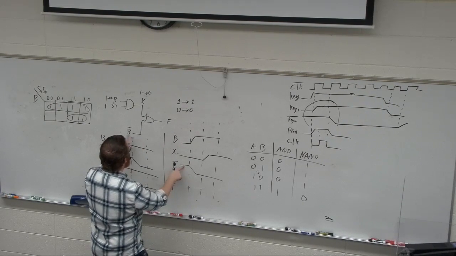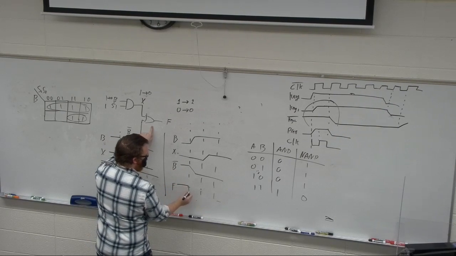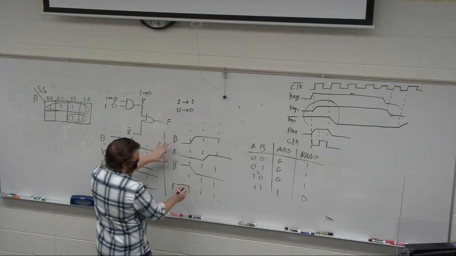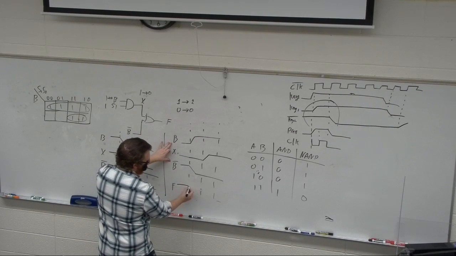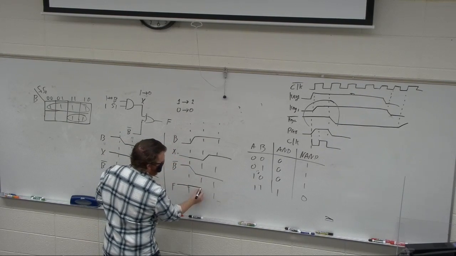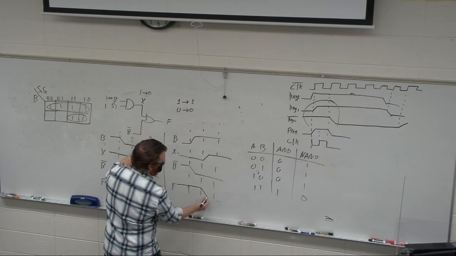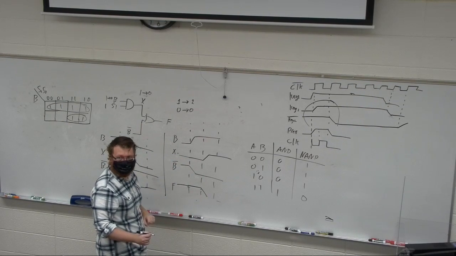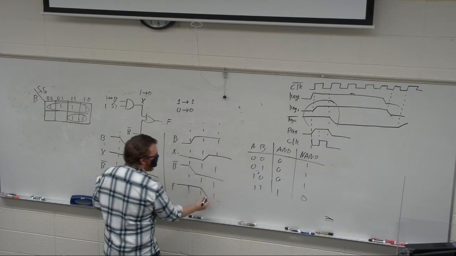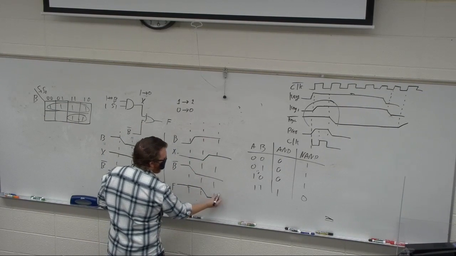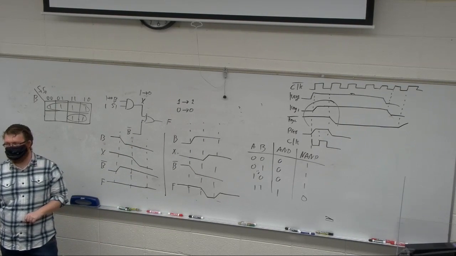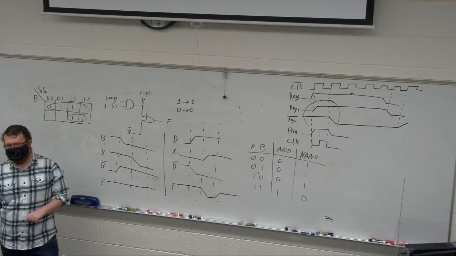So since B bar is 1, F is 1. Then we drop here with a delay, 0, X is 0. Neither one of those is true. F drops to 0. Then X bar goes high, creating that 1 back. There we go.